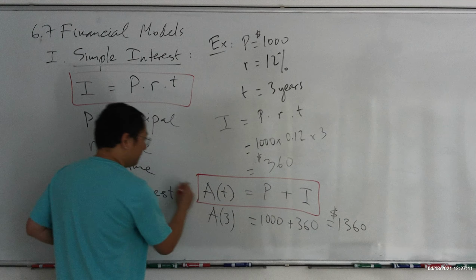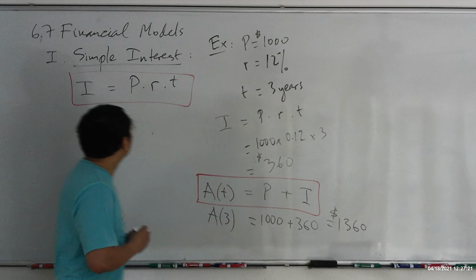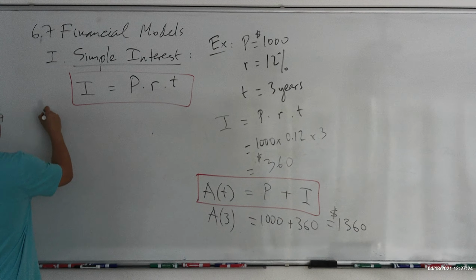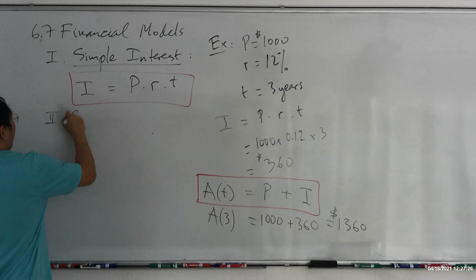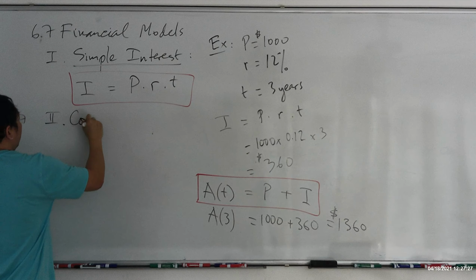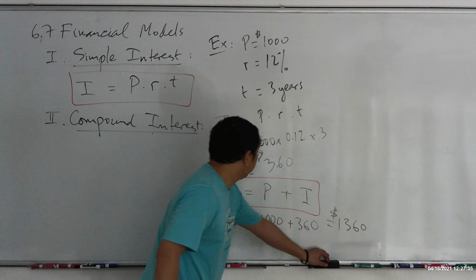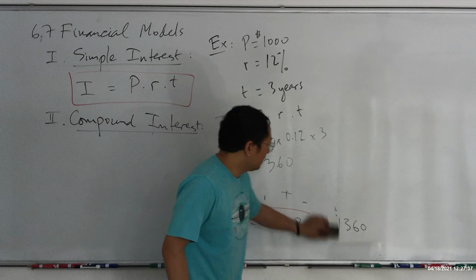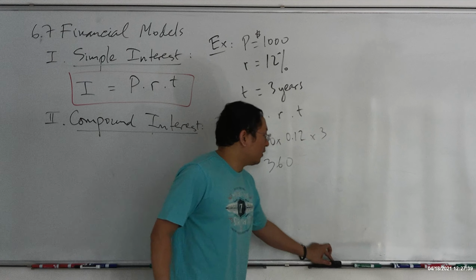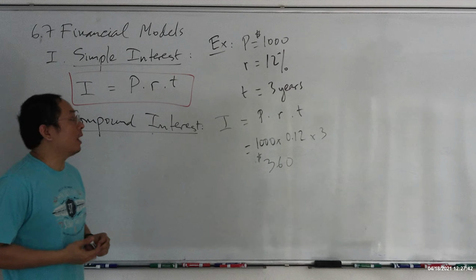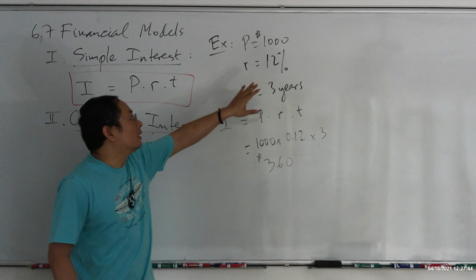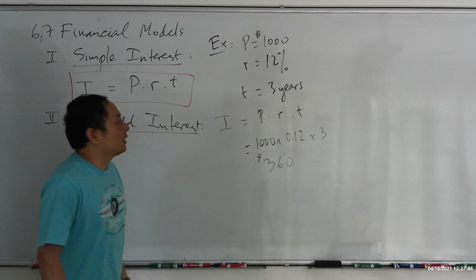All right, now let's move on to other formulas in this section. Number 2, the compound interest formula. Say you don't like the simple interest formula: I don't want to wait until the end of the year to get 12%.